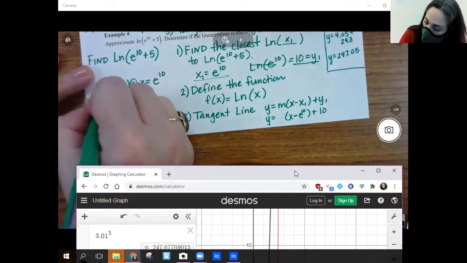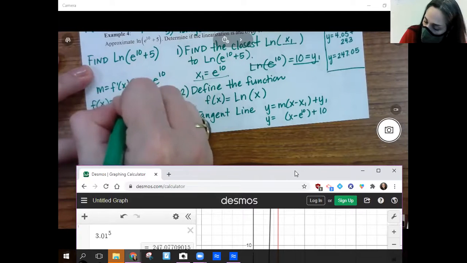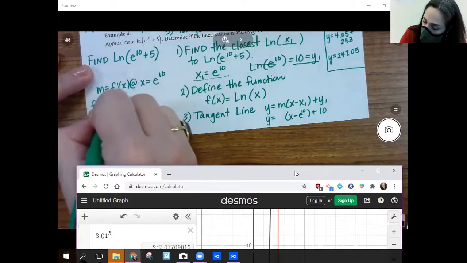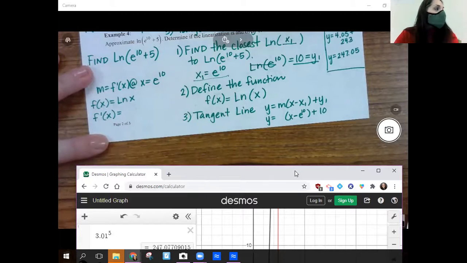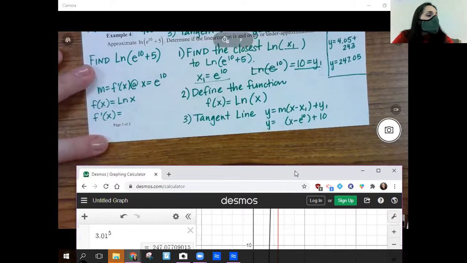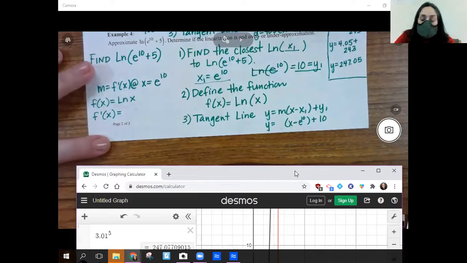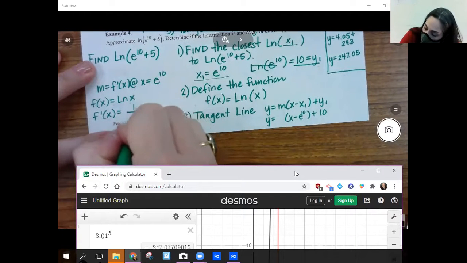So if f of x is natural log of x, what is the derivative of that? 1 over x, yeah.